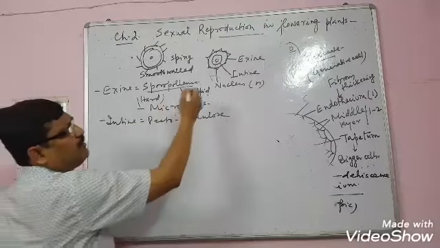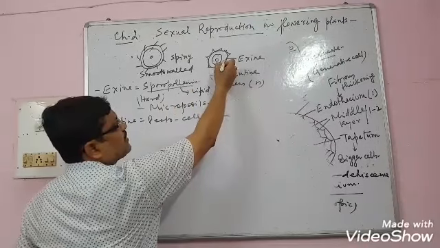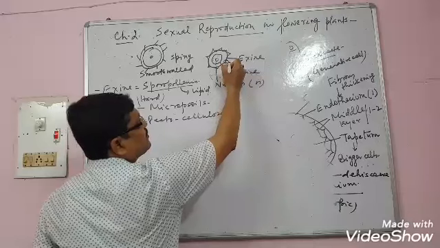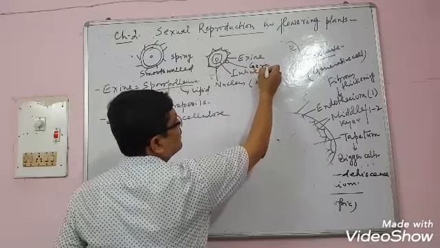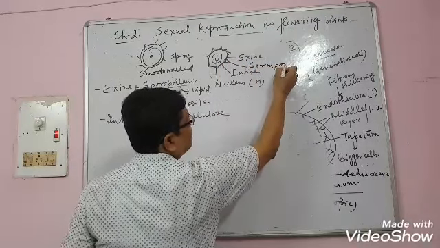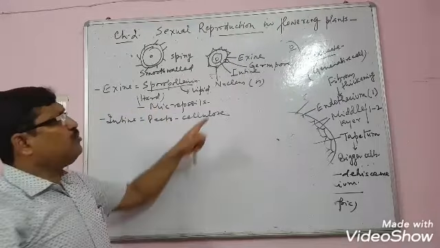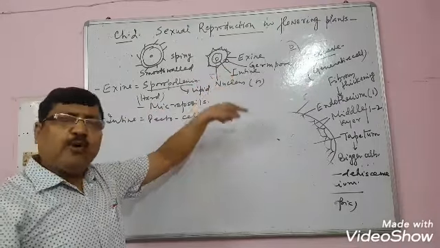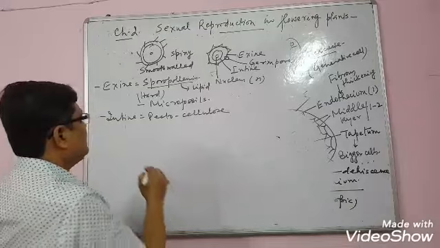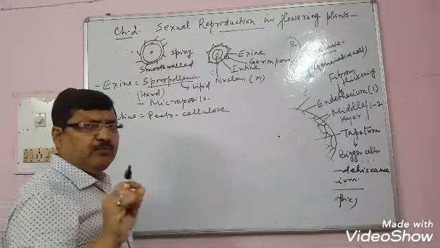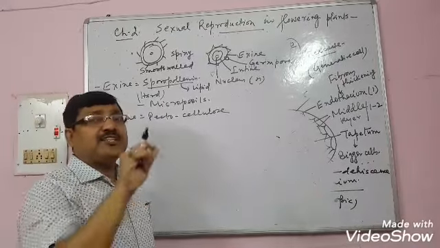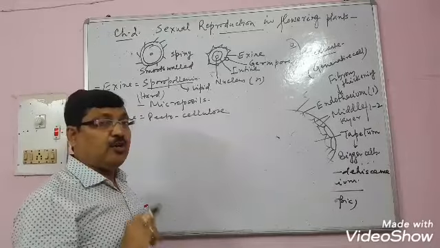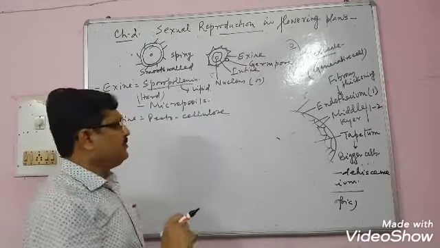But the exine has a germ pore also, and through this germ pore the pollen tube will come out, and pollen tube is the extension of intine, not the extension of exine.